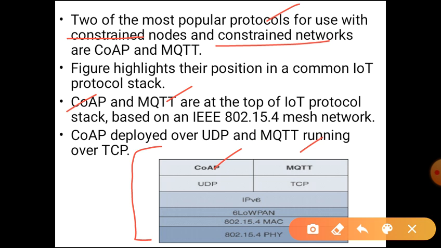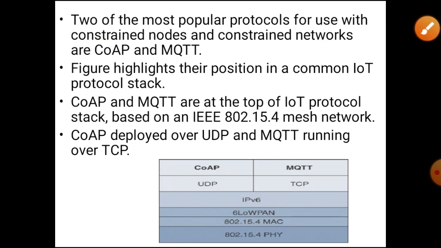CoAP runs over UDP, MQTT runs over TCP, and these are the other protocols in a constrained network, where 802.15.4 is used at the MAC layer and physical layer, IPv6 at the network layer, and 6LoWPAN is used as an adaptation layer that packages IPv6 messages into lower layer frames.